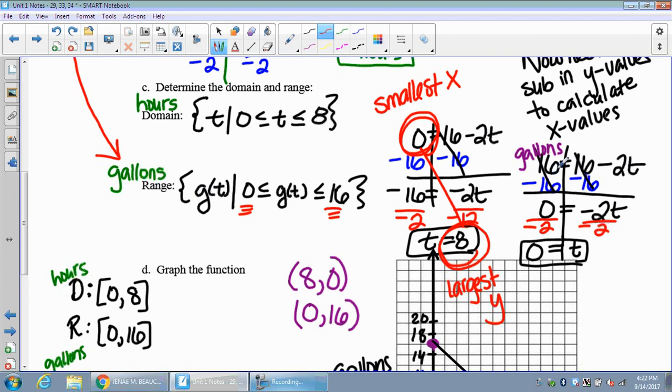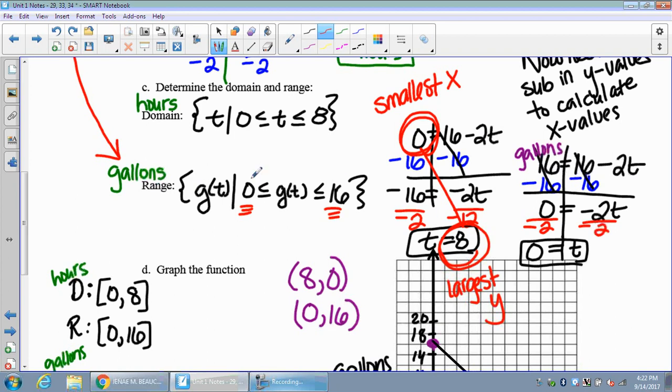Here, I plugged in my largest y value, and I got out my smallest. So when that switch happens, be careful with using the whole match like we've been doing. Big picture, this is a great reflection of how there's so many different ways of looking at it. If you would rather just say, hey, I don't want to use this whole domain and range piece, and I just want to look at what I calculated and match up the ordered pairs, that works too. Whatever works best for you.